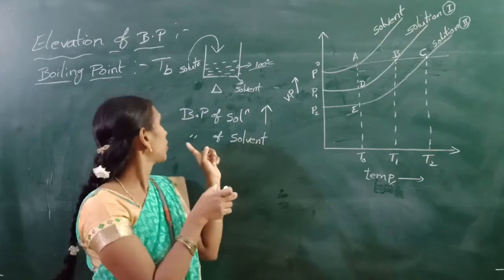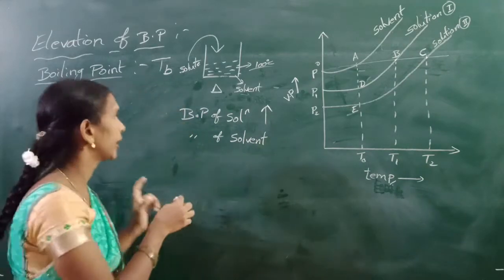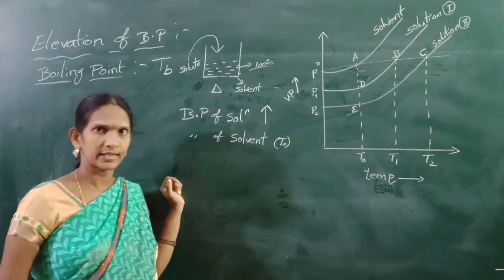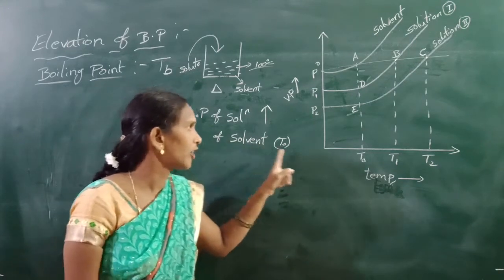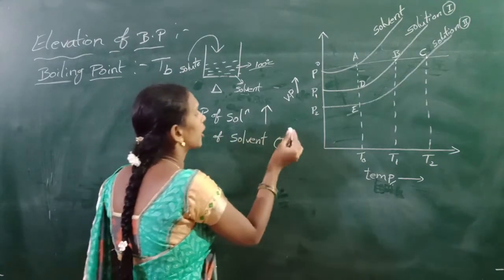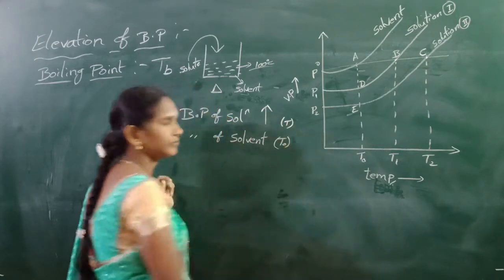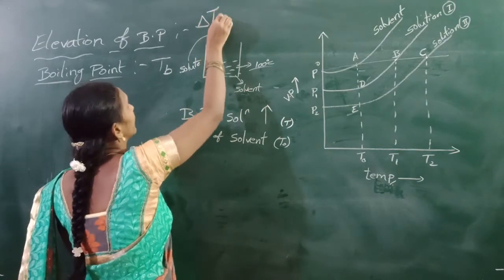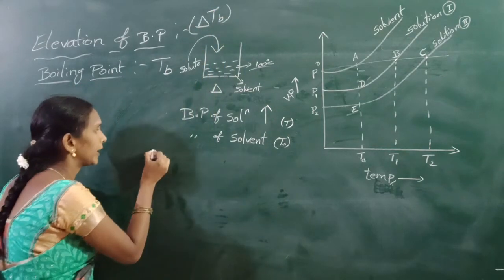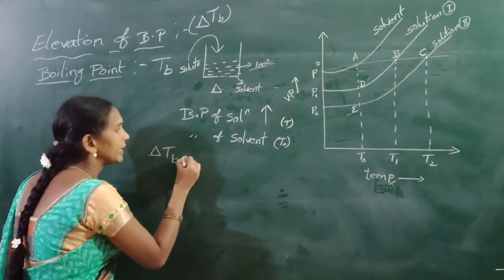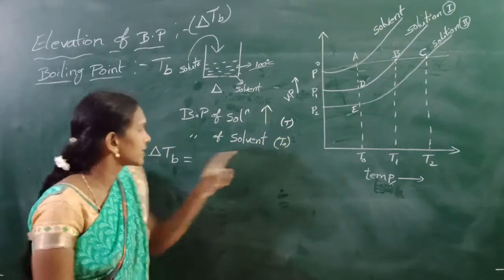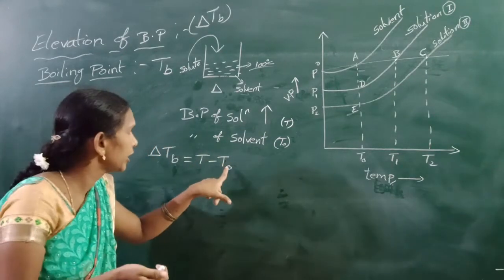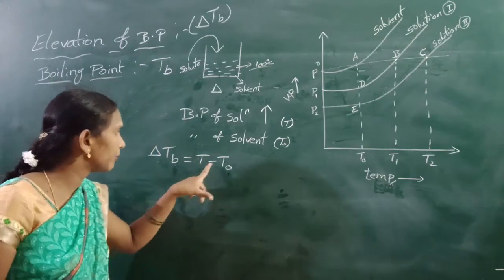Let us consider the boiling point of the solvent is T0 and the boiling point of the solution is T. The elevation of boiling point is indicated with delta TB. That means delta TB is equal to T minus T0, since the boiling point of the solution is higher than that of the solvent.